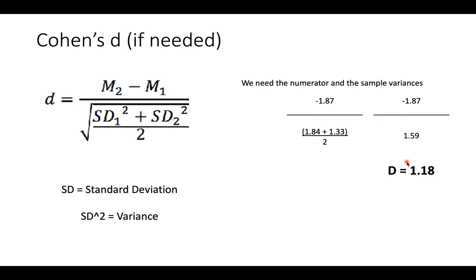And I know I said that the negatives matter, but for Cohen's d, they don't. Sorry, it's confusing, it's inconsistent, but that's the way it is. For Cohen's d, whether it's positive or negative doesn't matter. Let me explain why. We always just go with the absolute value. So Cohen's d should always be positive because Cohen's d is a measurement of the magnitude of the effect, the size of the effect.